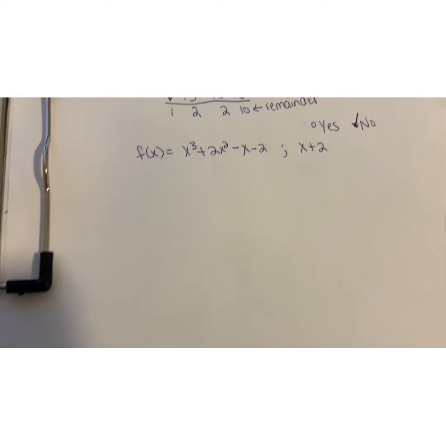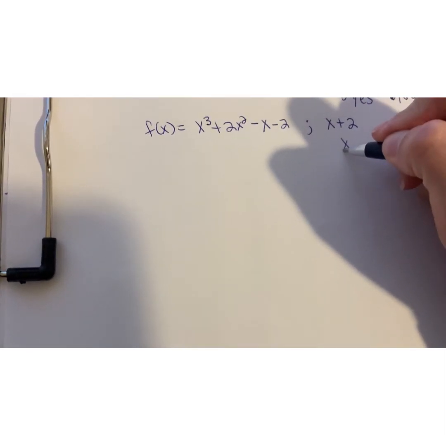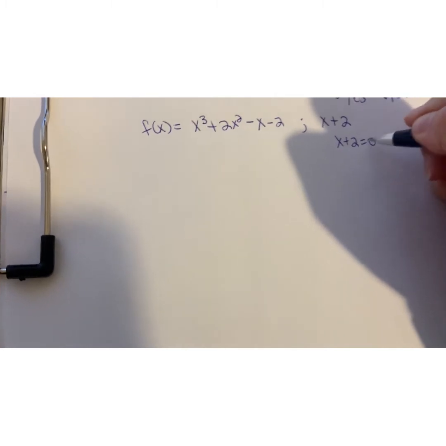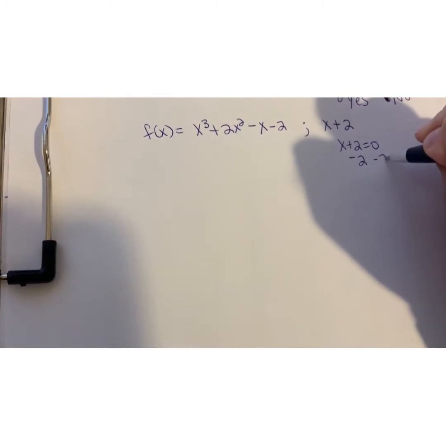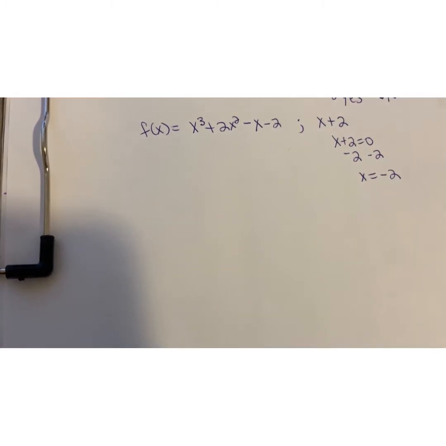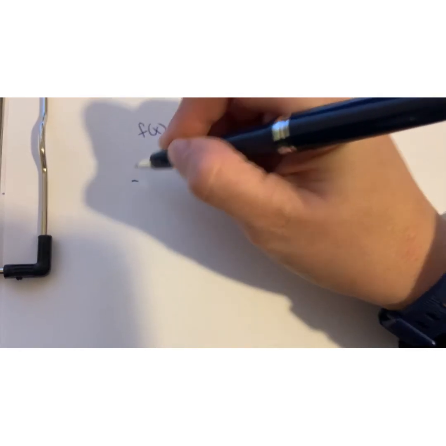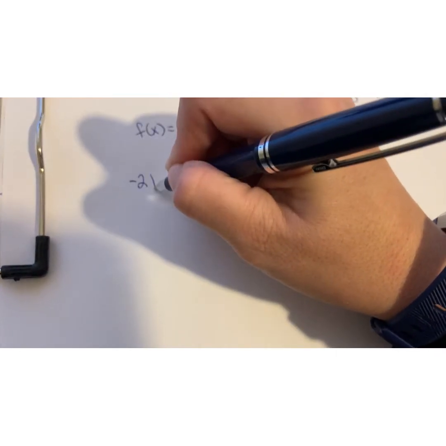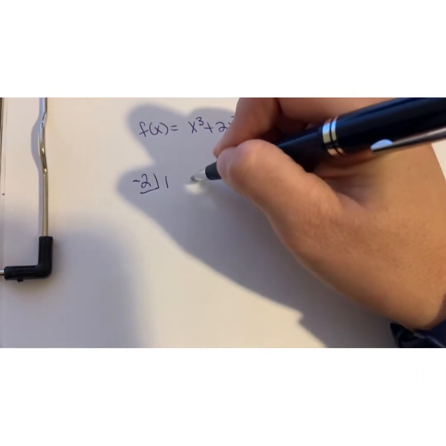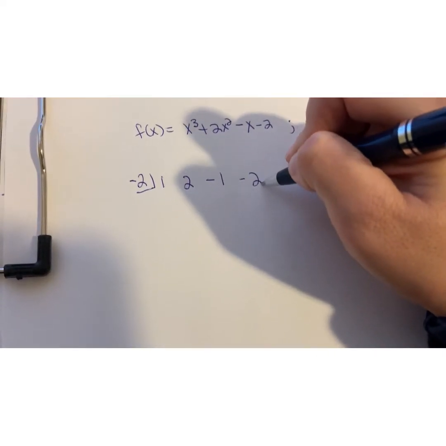Okay, so again, I'm going to be doing that synthetic division. I'm going to set this equal to 0 and solve. So I'm going to use a -2 over here. 1, 2, -1, -2.